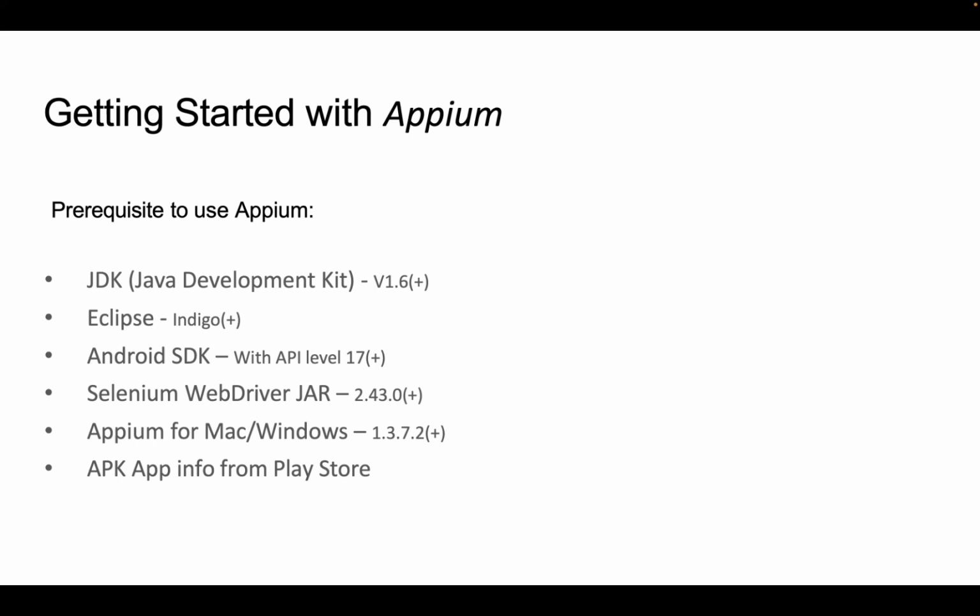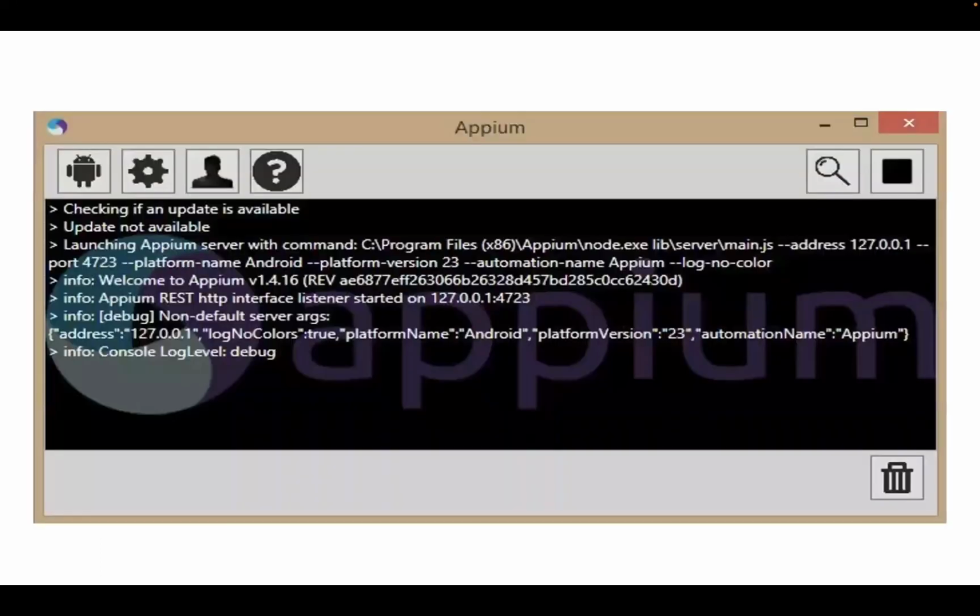So Appium's installation should be done, either through the GUI or from the backend, from the terminal itself. The last one is the APK or app info from the Play Store. We should have information about the app which we want to automate. Okay, so go to the next slide.